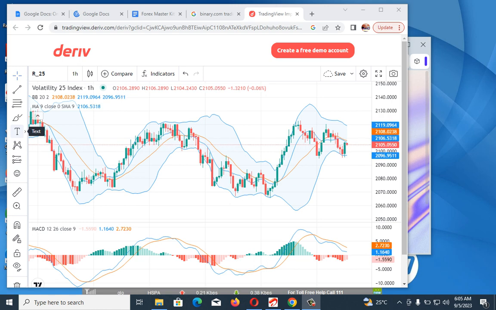You were supposed to buy from here, as the normal rule of this Bollinger Bounce trading, but I always advise my students to start from this particular angle. You can see that after the market moved upward and got to this angle, it dropped down.